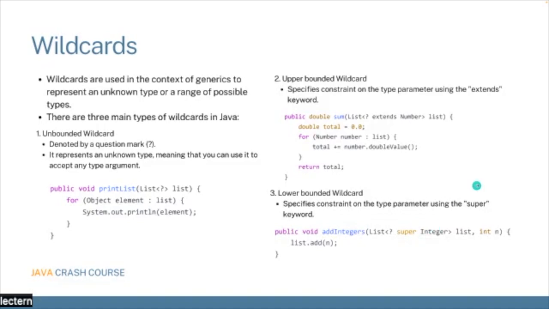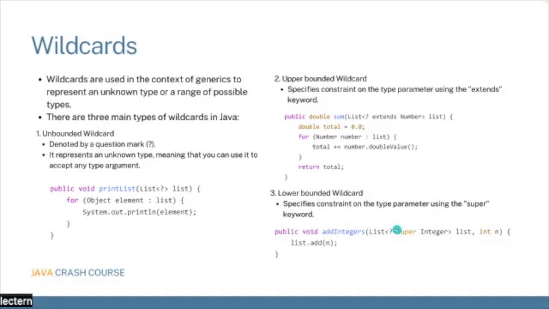For example, if we upper bounded with Number before, we could have passed in a list of doubles. I guess you could add an integer to a list of doubles, but let's say it was the other way around. Let's say this was an add double method, and we use extends Number instead of super Double.